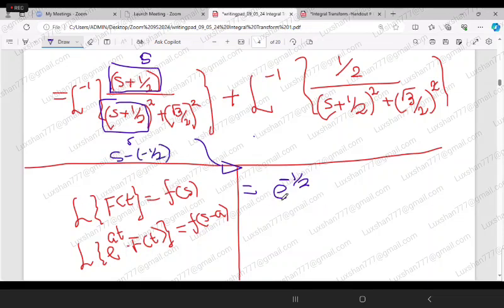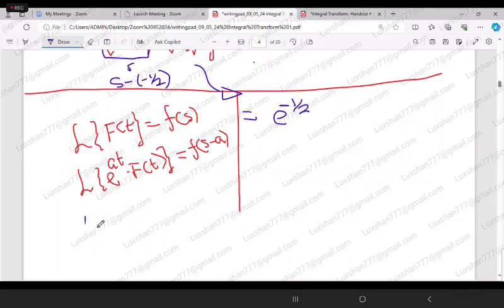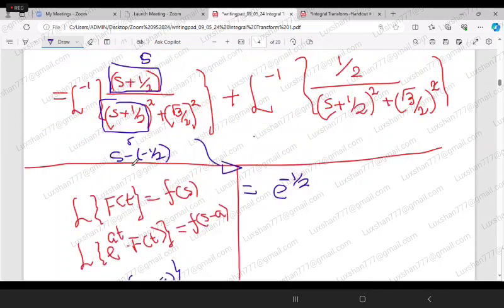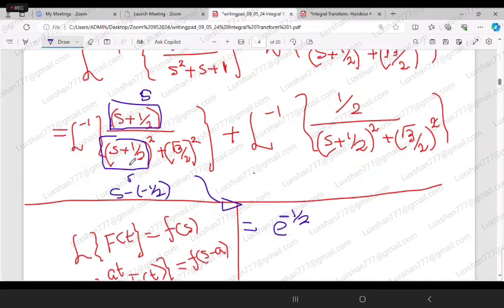So you can write it as e to the power minus, because when you have something like this, then you have L inverse of f of s minus a. You can write it as e to the power at into f of t, isn't it? So you can write this way. That is why here, instead of a, I have minus half.